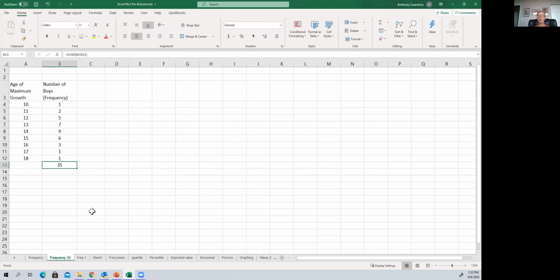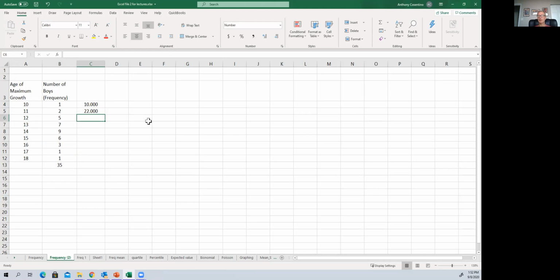But how do we do that? Well, the best way, instead of doing it by hand, is to use frequency and multiply it by the data. For example, let's pretend the spreadsheet's our calculator: 10 occurs once, right? So it'd be just 10.